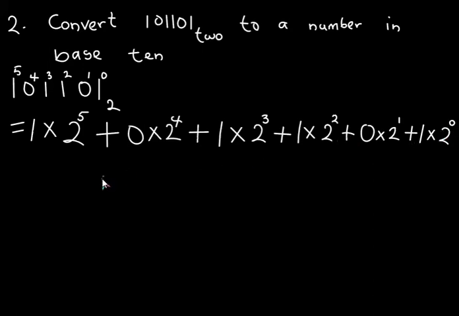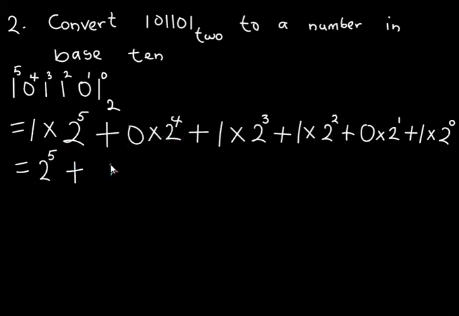So we simplify each of these sets, and then finally we sum them up. So here we have 1 multiplied by any number, of course, is that number. So 1 multiplied by this, we have 2 raised to the power of 5, plus 0 multiplied by any number is 0, of course, right? Just as 1 multiplied by any number, say a, is a, 0 multiplied by any number, say a, is 0.